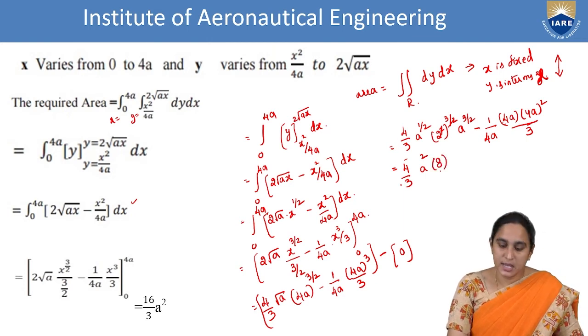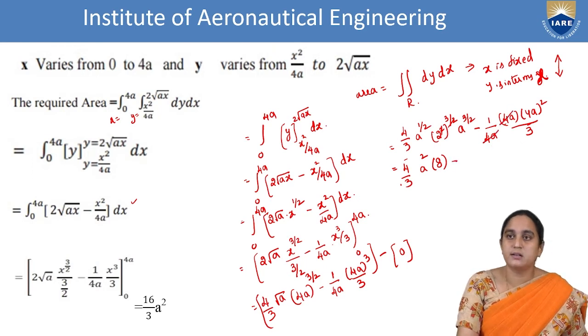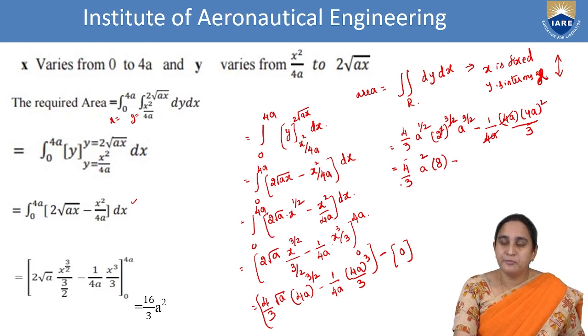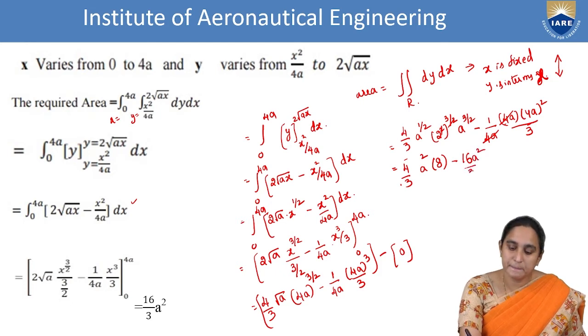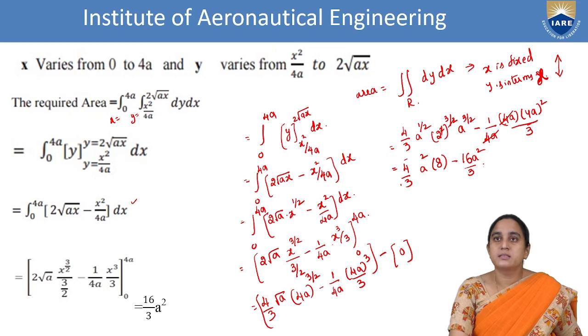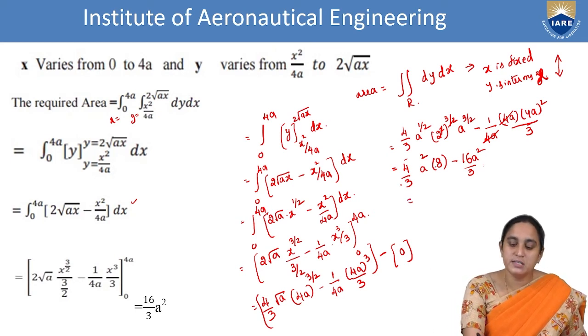Minus 1 by 4a, and 4a cancels with 4a. From that, 4a whole square is 16 a square by 3. Here 4 eights are 32.